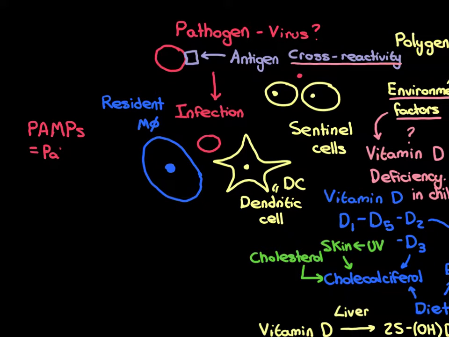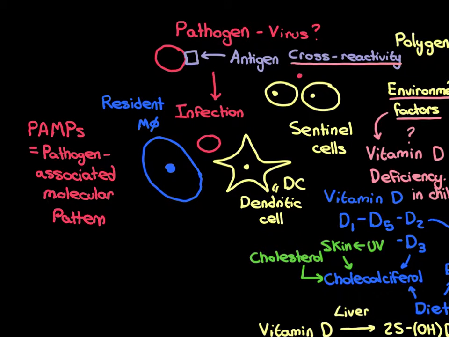So the first P is for pathogen, the A is for associated, the M is for molecular, and then the final P is for patterns. So pathogen-associated molecular patterns, PAMPs for short.